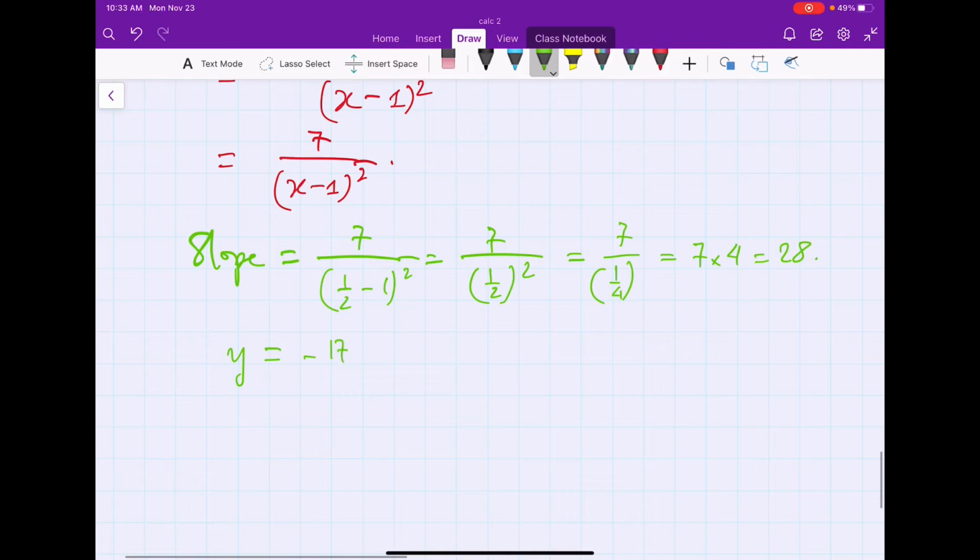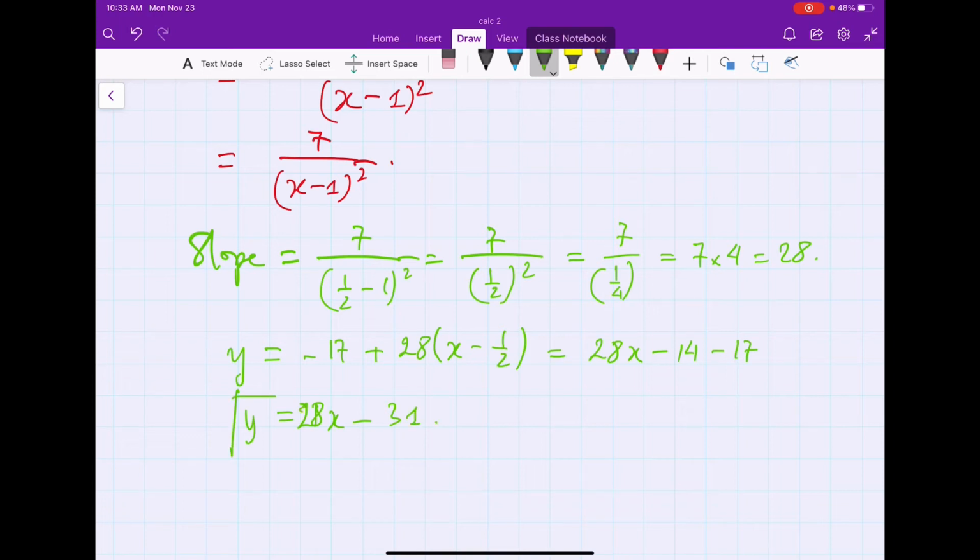Negative 17 plus 28 times (x minus 1/2). You simplify that, you get 28x minus 14 minus 17, or that is 28x minus 31. This is the equation of the tangent line. Okay.